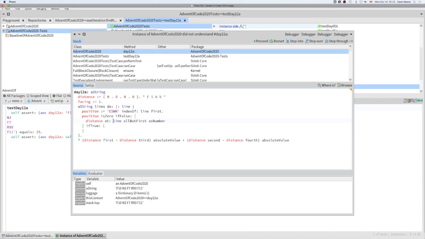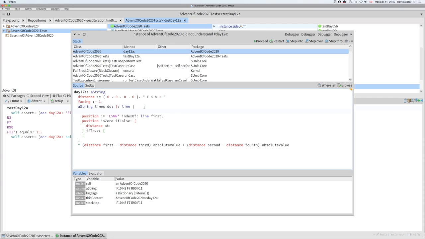Let's get the number, so let's just save this and do that up here before we do this. So number is this. So this would be distance at position put distance at position plus number.